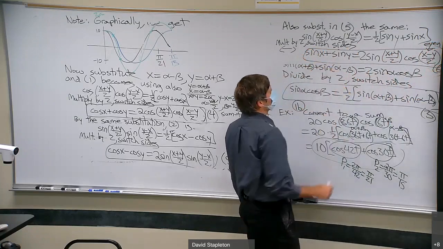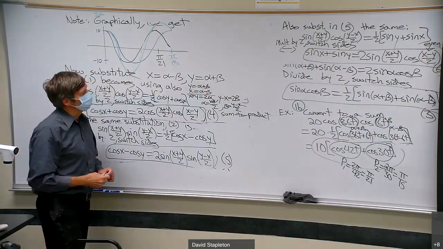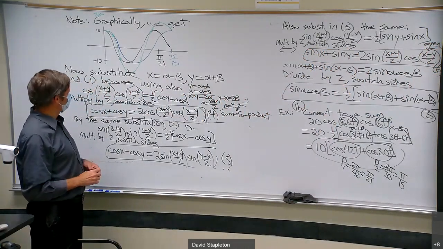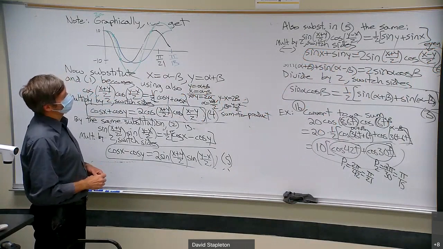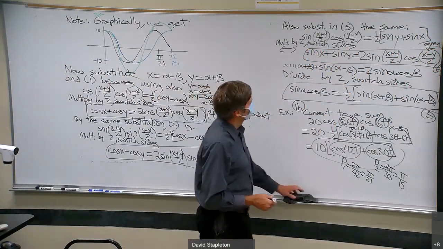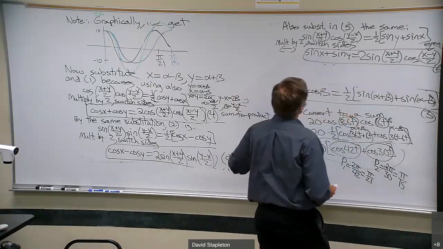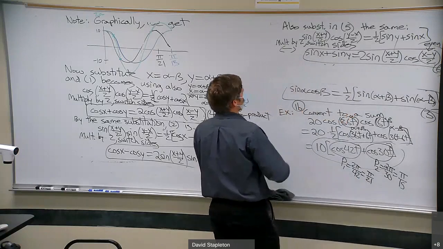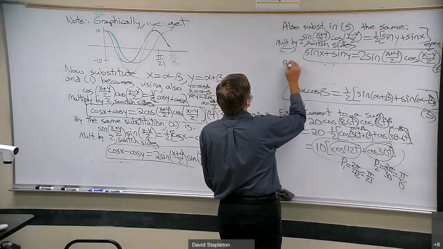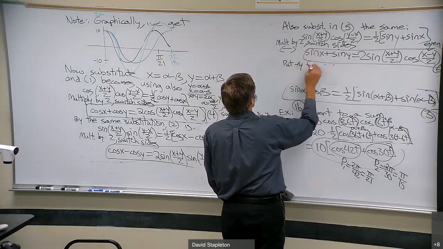Sum of two sines can be rewritten as a product of a sine times a cosine. And you can make one more of those if you put sine minus sine. We should write that down just to be complete here. Put y equals minus y in this one. Minus y for y here.